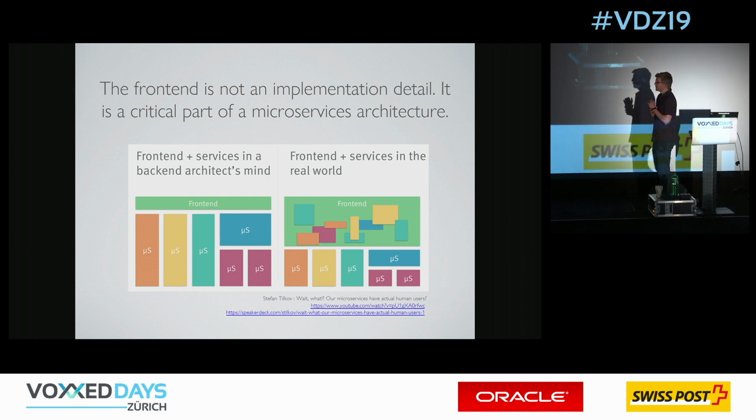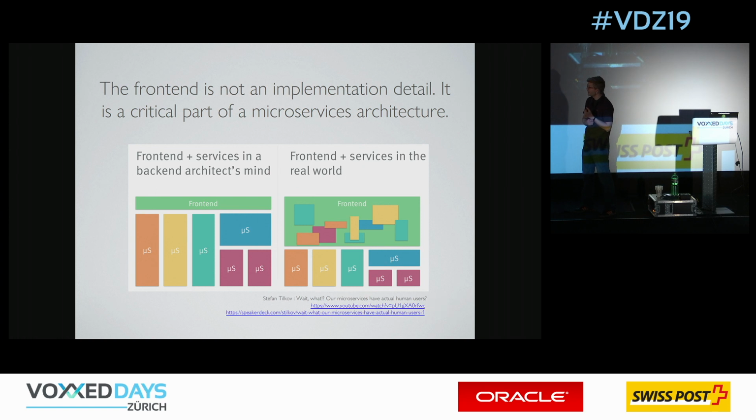Here we have the view of an application from a backend architect's perspective, and from that perspective, for a long time, we could neglect the front end or treat it just as an implementation detail. That's HTML and JavaScript that some of the designers will do. But recently, where we deliver whole rich clients into the browser as single-page applications, the front end is not an implementation detail anymore.